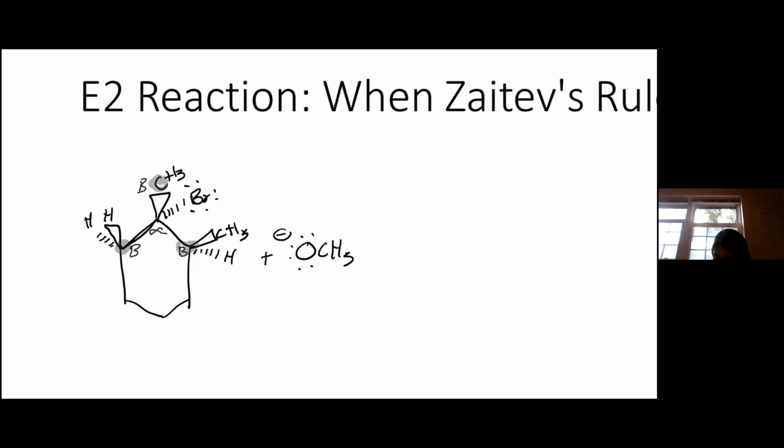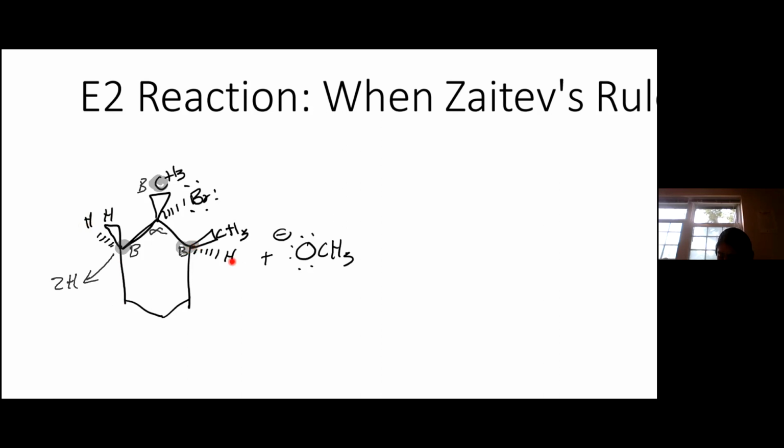And then the next step would be figuring out where the H is going to be removed from. So we have to look at how many hydrogens are attached to each beta carbon. In this one right here, there's 2 hydrogens attached, right? So 1, 2, and this is a carbon, so that's why it's 1, 2. And then let's focus on this carbon right here.